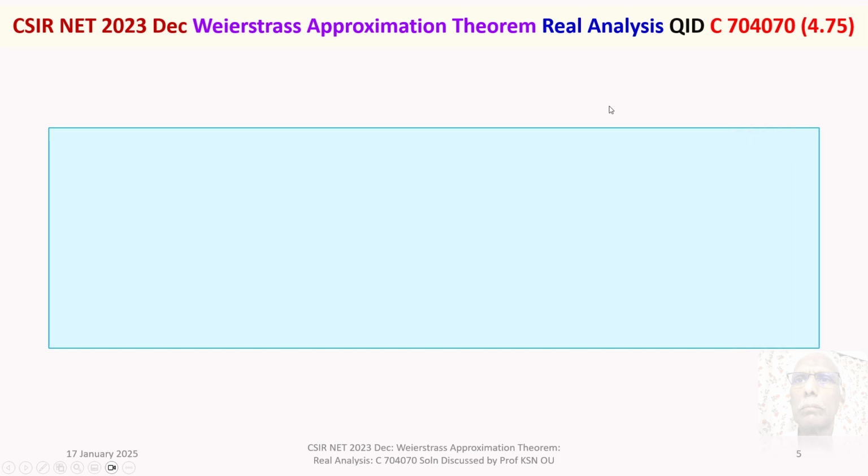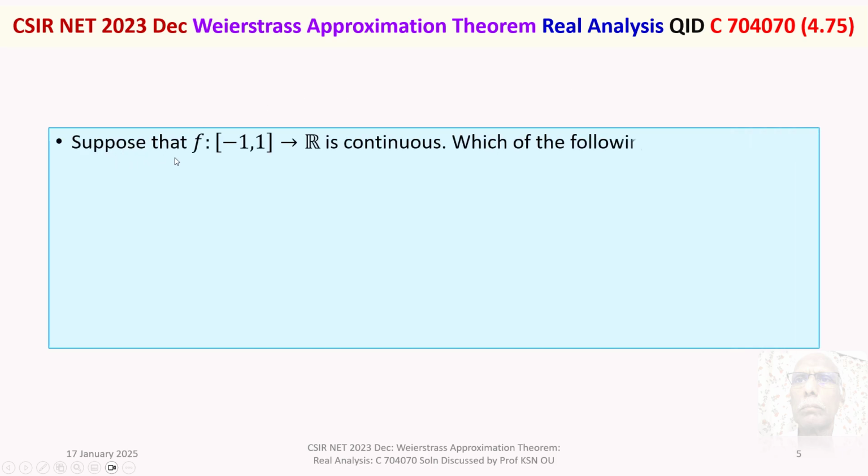The given question is, suppose that f from the closed and bounded interval -1 to +1 into R is continuous. So it's a real valued continuous function defined on the closed and bounded interval -1 to +1.